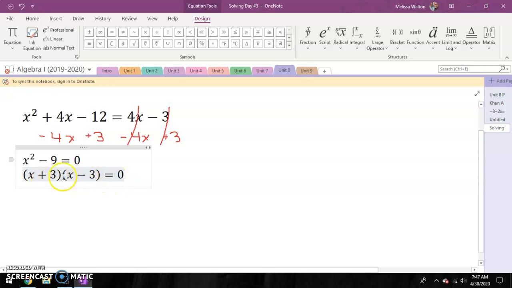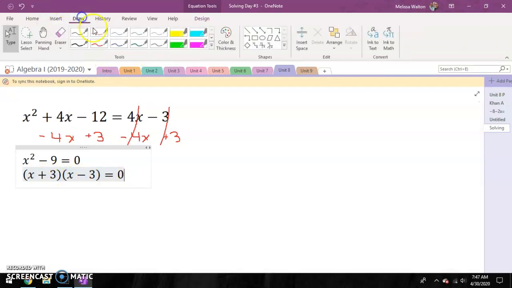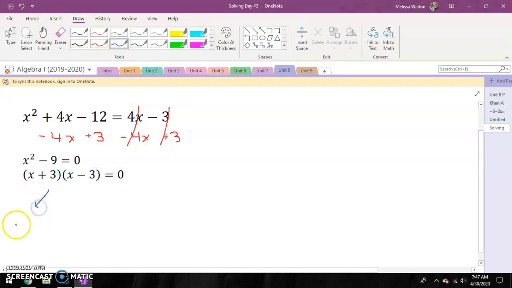In order for two things to multiply to 0, one of them has to be 0, correct? We couldn't do 1 times 2 equal to 0 or negative 3 times 5 equal to 0. So here's how we're going to do this. First, let's pretend this first one is equal to 0.